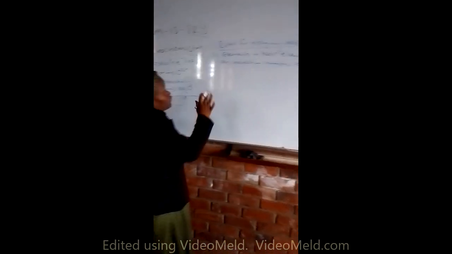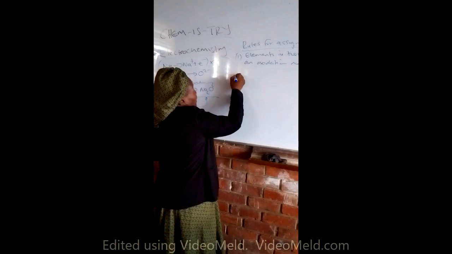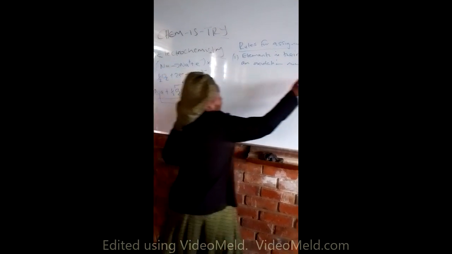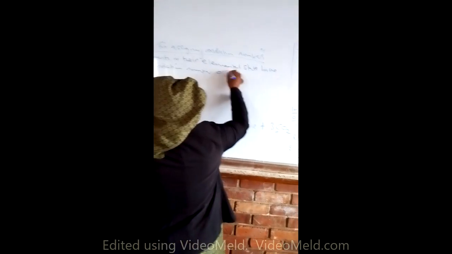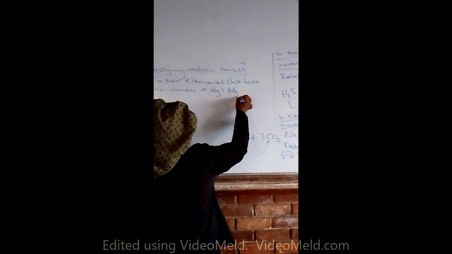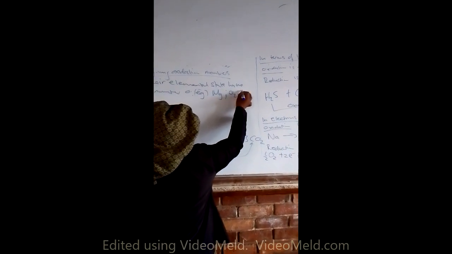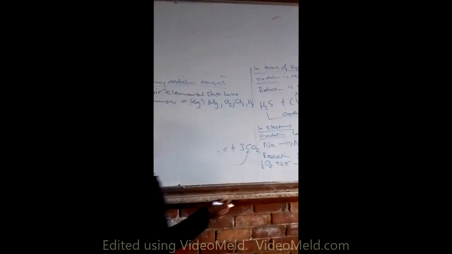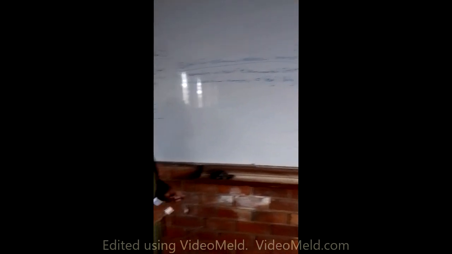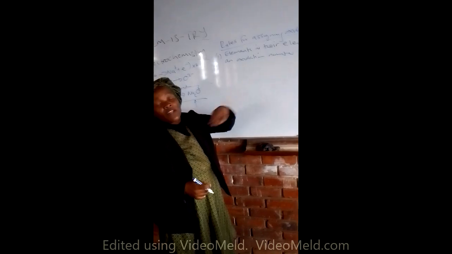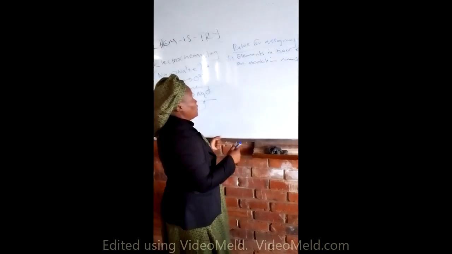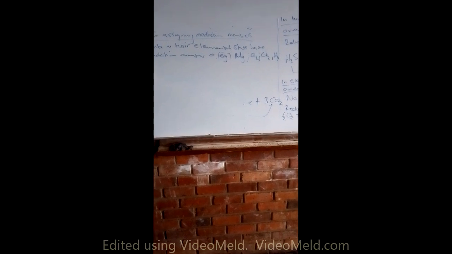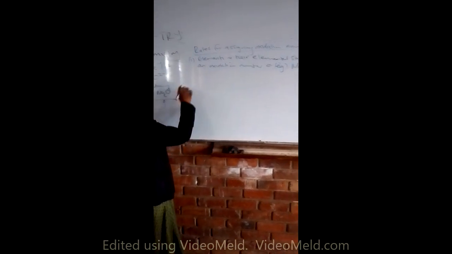Examples are magnesium, oxygen, chlorine, hydrogen; these are diatomic. They are still in their elemental state because they have not yet combined with any other element, so we assign 0 to all of those.